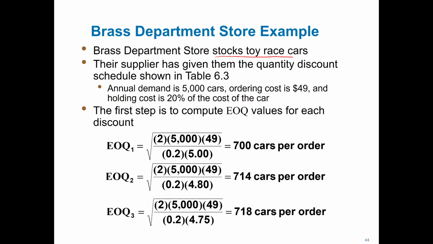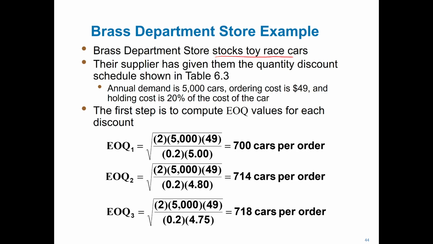Then we have a 4% discount for between 1000 units and less than 2000 units, and another discount if we order more than 2000 units. That schedule is the one we have seen in the previous table.